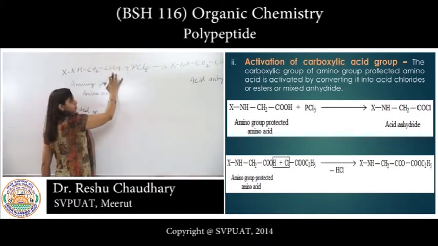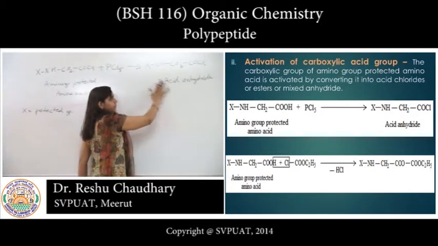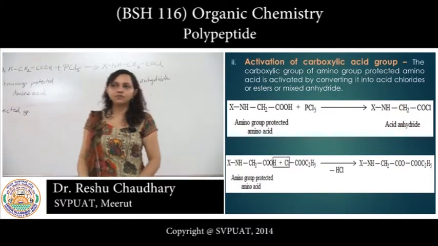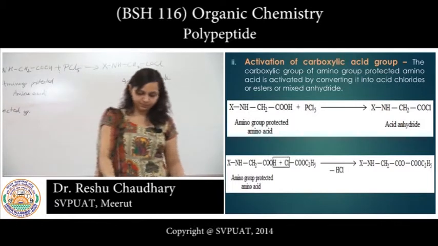There is the activation of carboxylic acid group and then forms acid anhydride. As we know that the nature of carboxylic group is acidic.